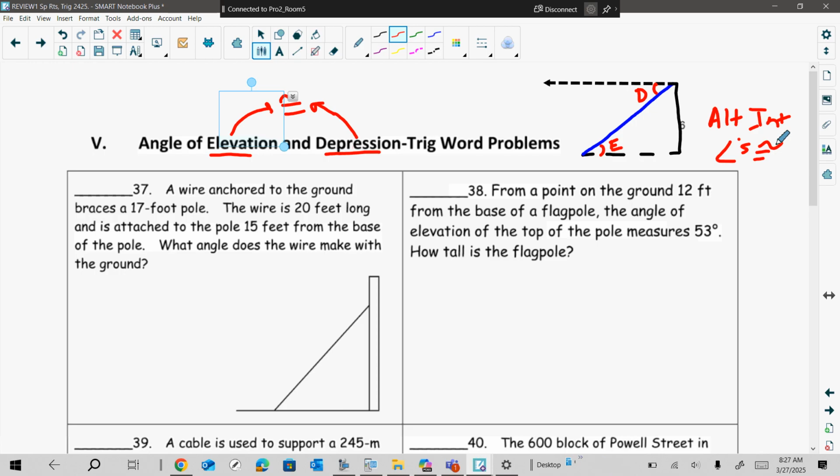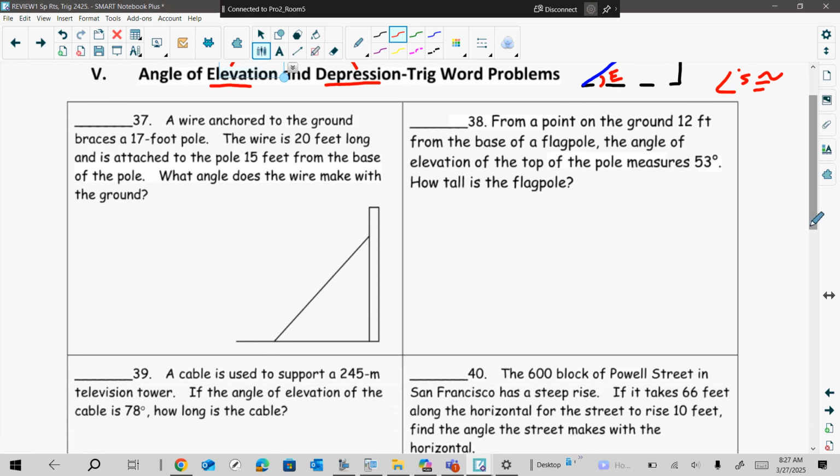All right. So on the word problems part using trig, some of the problems you're going to have a diagram and some you don't. So on number 37, and we did this one yesterday for some of you, but I want to talk about the labeling. Okay, you have a 17-foot pole. This is representing the pole. So the 17 goes there.